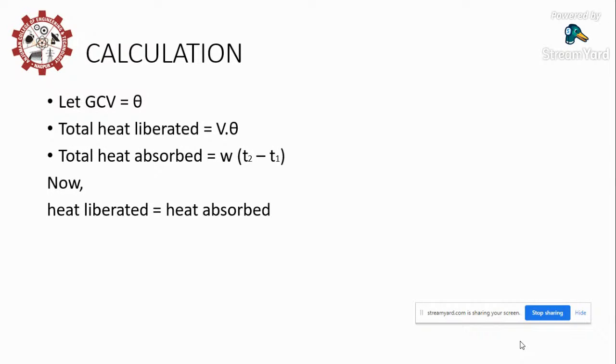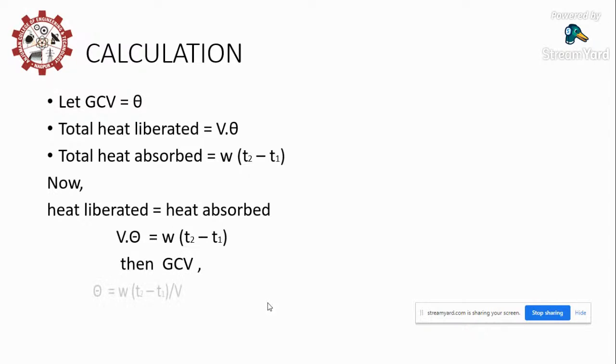जितना दिया था उतना absorb हुआ है. So let us write both the equation. V theta is equal to W into T2 minus T1. Next step, we'll keep the theta here and we are going to remove V to the other side.